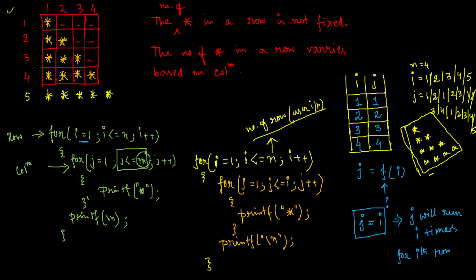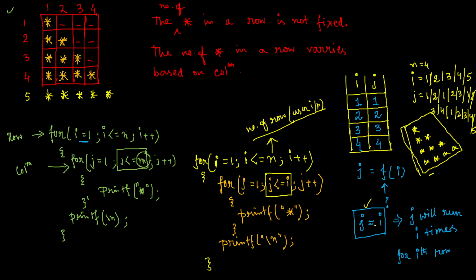So this is a way you can use. You see, I don't want to think about how I can represent this part within the inner for loop. Instead of this, I will simply write a table representing the pattern. From this table I can easily find out what is this equation that we are writing here. j equal to i means j runs i times.